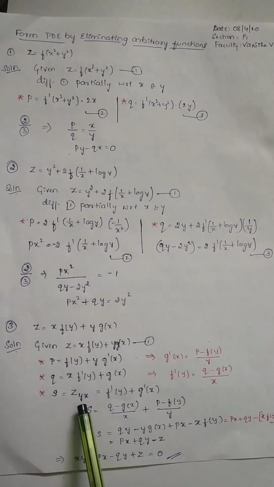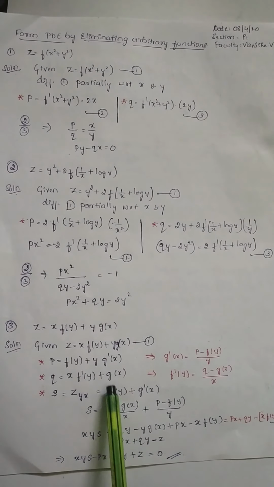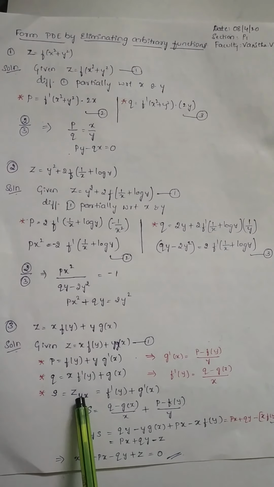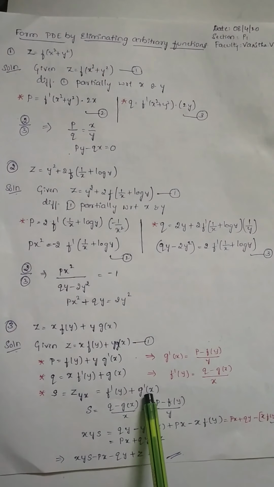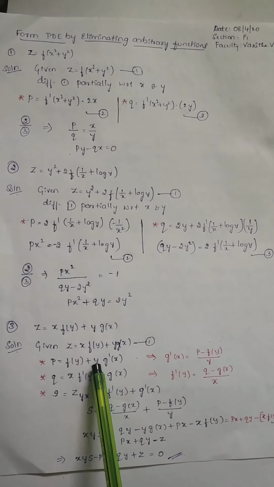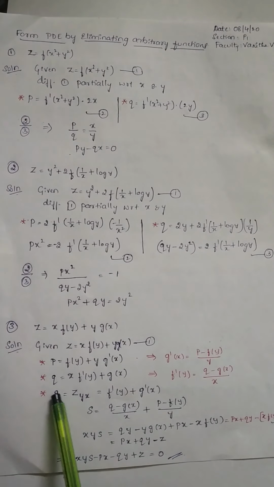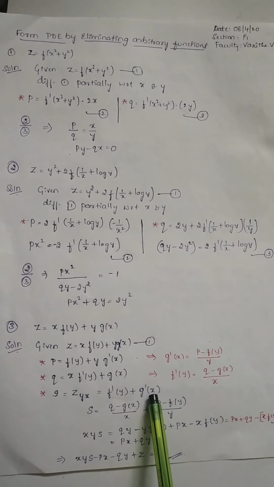Okay, so with respect to y, if you write the answer, left hand side will be s, as you are taking, so differentiation of f of y is f dash of y, okay, plus as it is g dash of x is as it is as a constant. Differentiation of p with respect to y is 1, so you will get s nothing but z y x is f dash of y plus g dash of x.